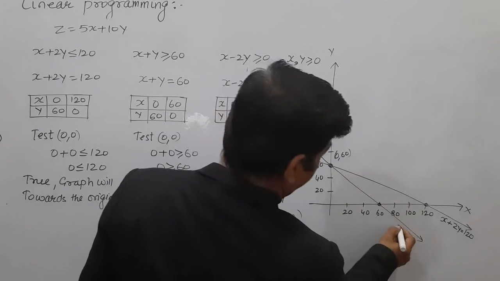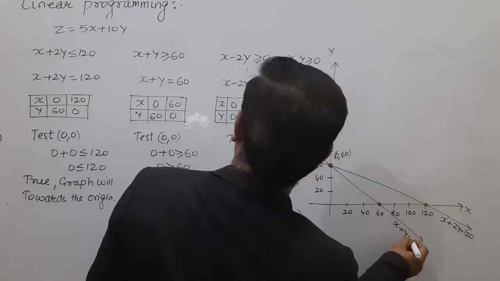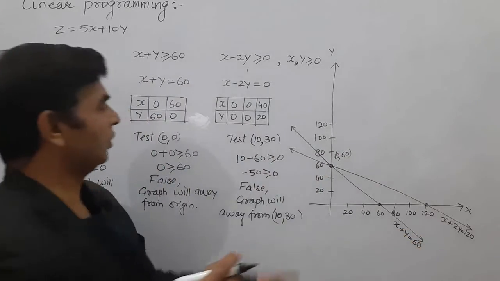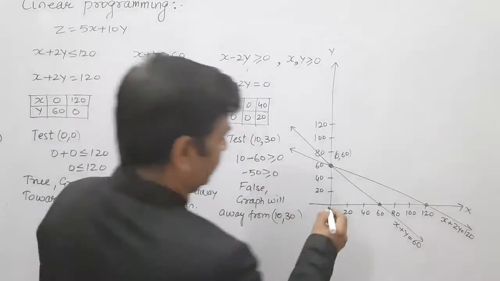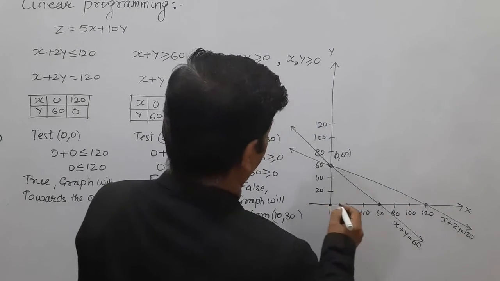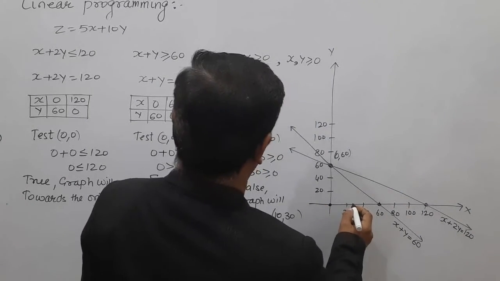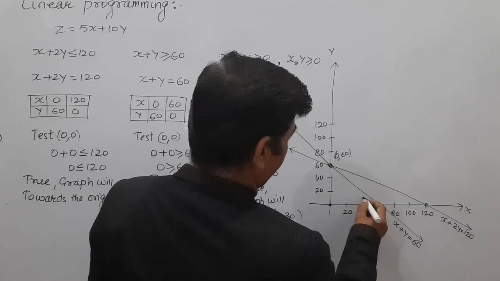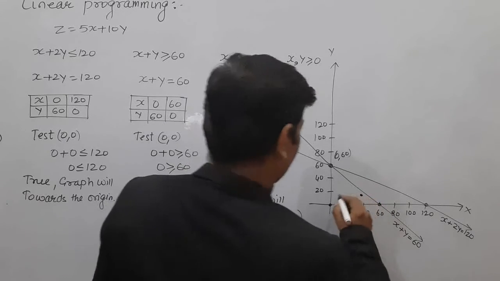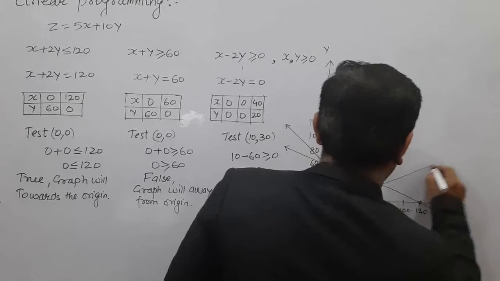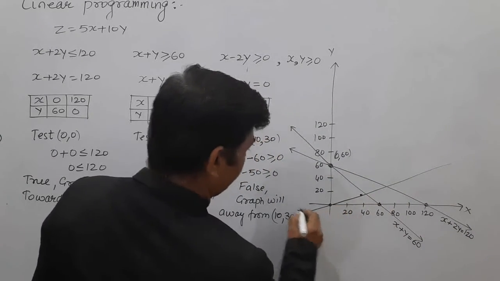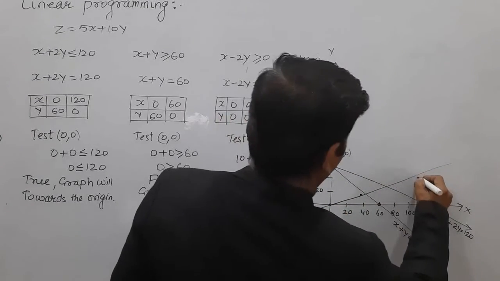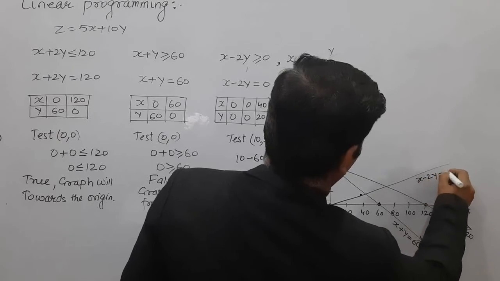The equation of the straight line is x plus y equal to 60. And the last is 0, 0 and 20, 40, that is x 40, y 20. Joining these, again we get a straight line, and its equation is x minus 2y equal to 0.